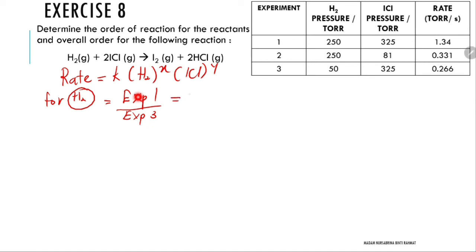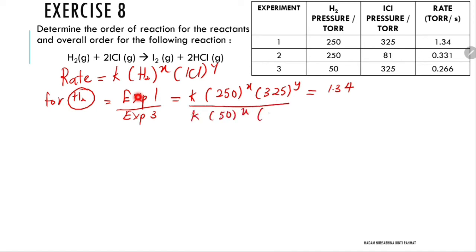K, partial pressure of hydrogen 250 to the power of X and 325 to the power of Y for ICl, equals 1.34, which is my rate of reaction, over K, 50 to the power of X, 325 to the power of Y, over 0.266. Then cancel out anything that is possible and simplify the values.